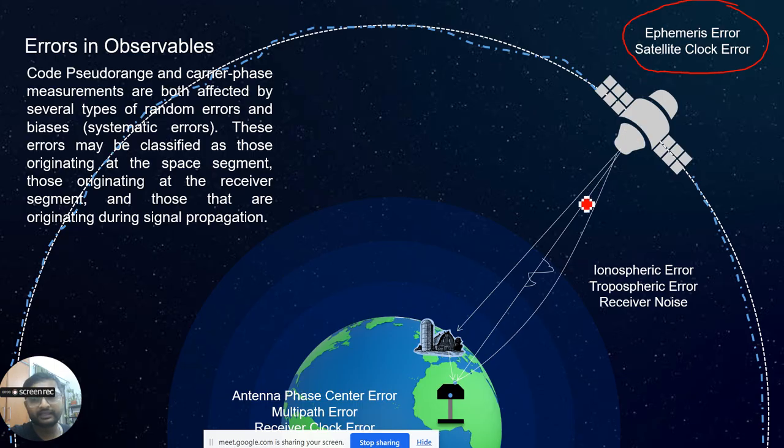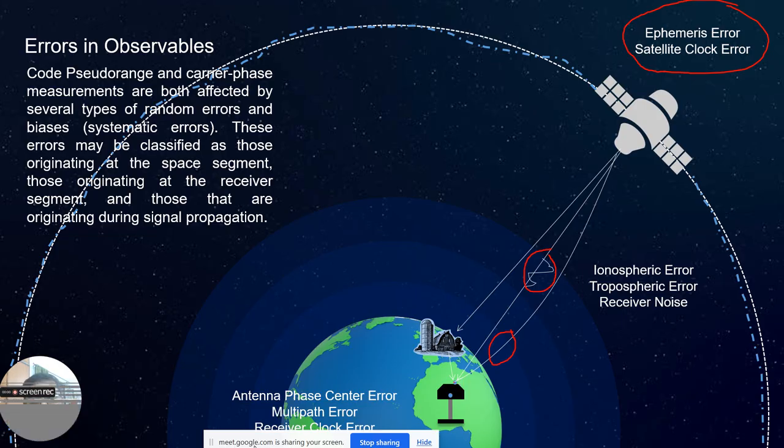Then once the ray is coming through the atmosphere, it will interfere with the ionosphere, and then when it comes near the Earth, it will interact with the gases present in the atmosphere, which will cause the tropospheric error. So ionospheric error will happen, then tropospheric error will happen, and then once the signal reaches the receiver, noise error will happen.